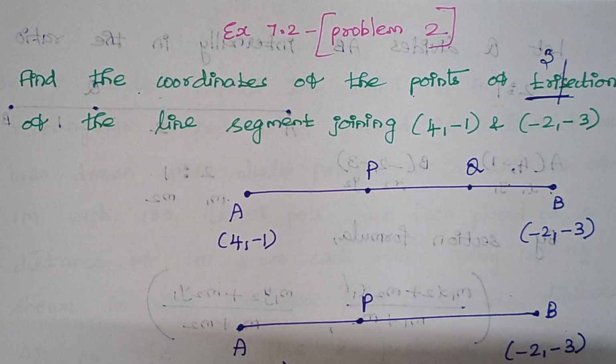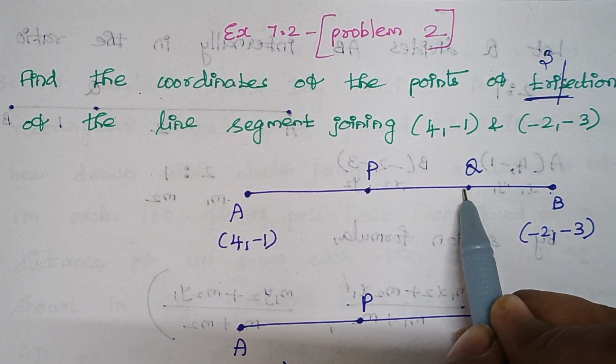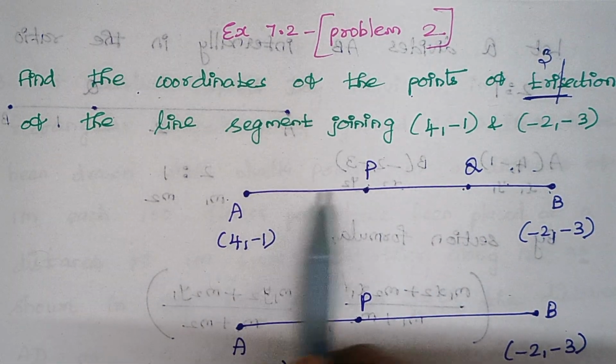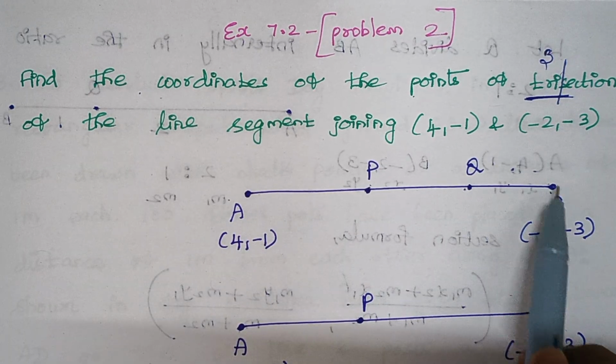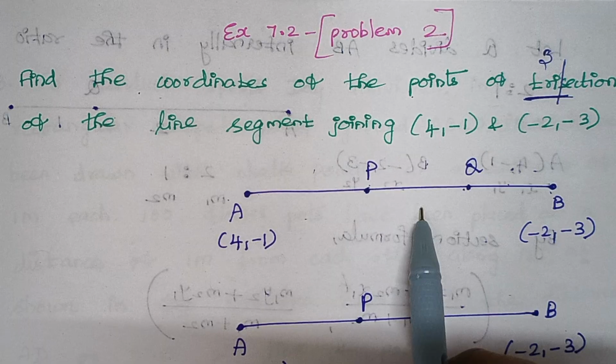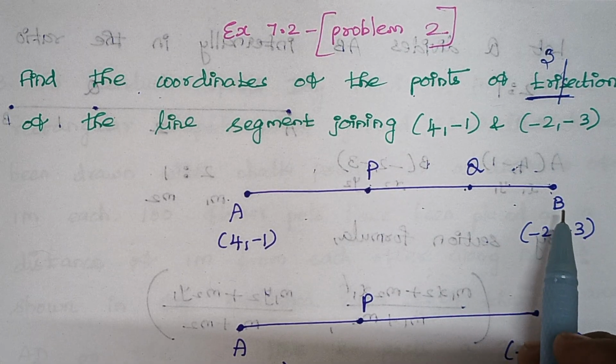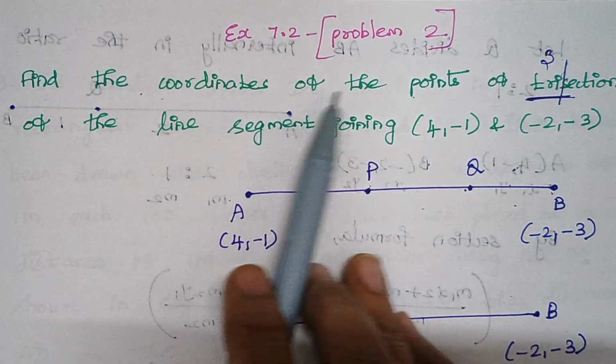So here we ourselves took 2 points, P and Q, right? So you see, this line AB is divided into 3 parts. That is, AP is one part, PQ is one part, and QB is the other part, right? Now, we have to find the coordinates of the points.